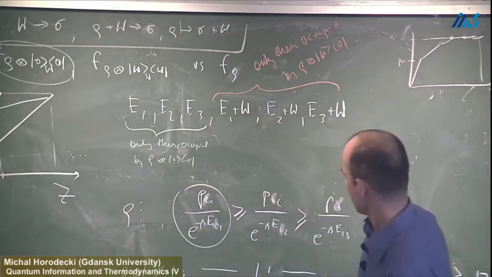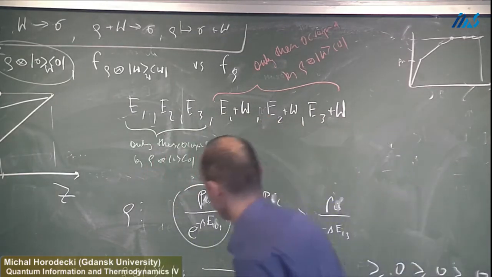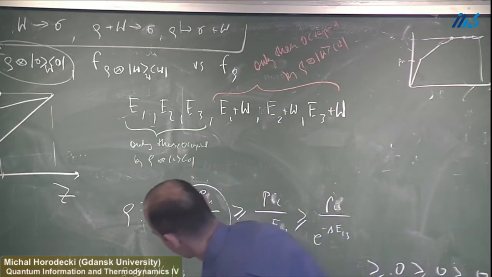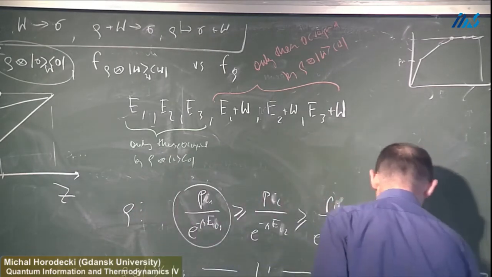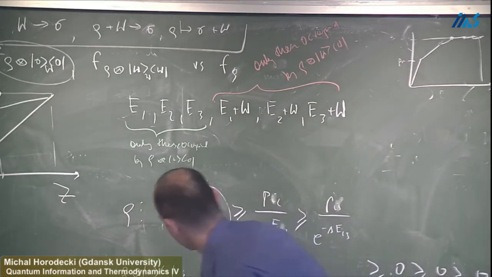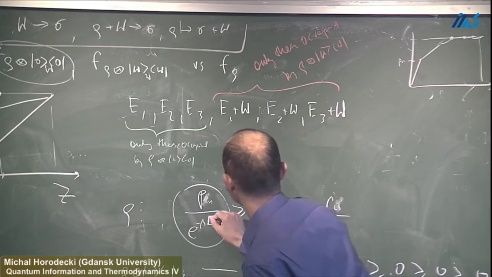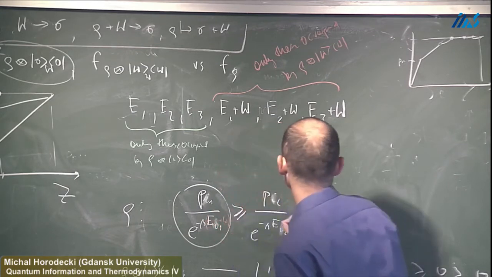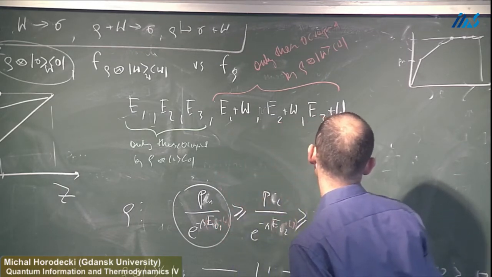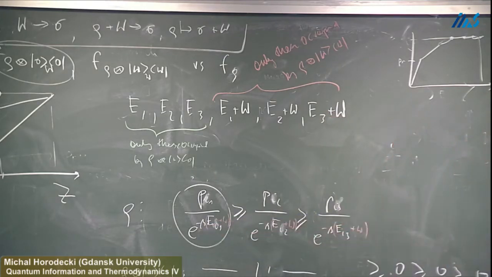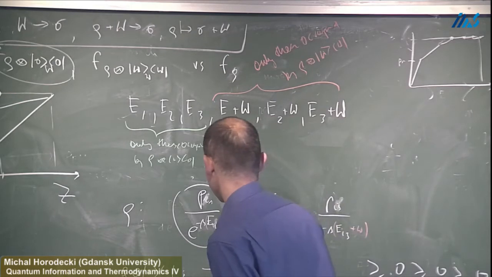But for this, you have the only difference. For this red one, oh no, this is red. What you get for the red one, you just add here W. Yes. So they are all rescaled the same way. Therefore, the order is the same.